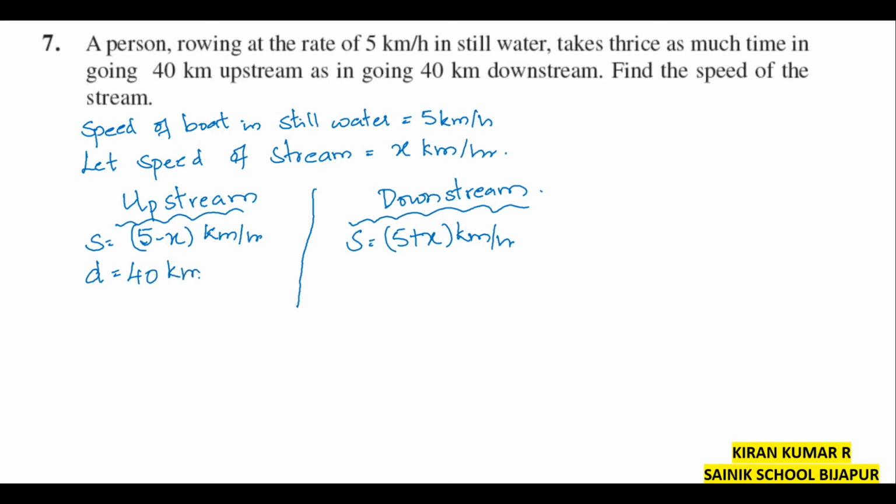It is 40 km. The time taken is distance upon speed. In this case, it is 40 upon 5 minus x, and in the case of downstream, the time will be 40 upon 5 plus x.